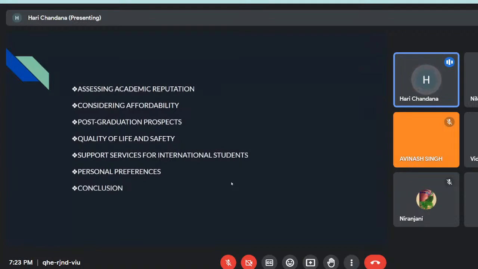Now, to conclude, choosing the right country and university for your study abroad experience is a critical decision that requires thorough research and consideration of multiple factors, by assessing academic reputation, affordability, post graduation prospects, quality of life, safety, support services, and everything.